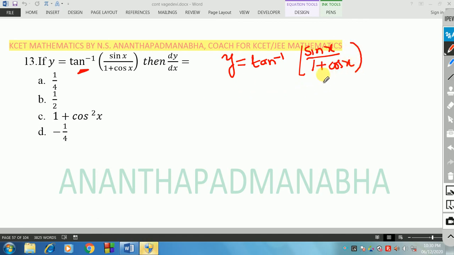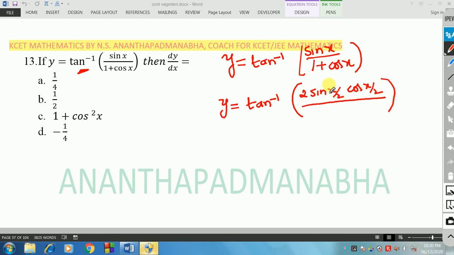Now we'll use some formulas from trigonometry. So y is equal to tan inverse of sin x, and this sin x is nothing but 2 sin x by 2 cos x by 2, divided by 1 plus cos x, which is 2 cos square x by 2.